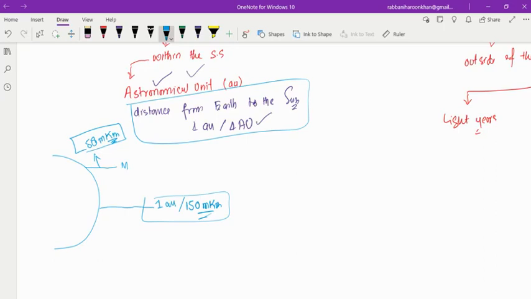So if we talk about this distance of Mercury, you have to divide this number 58 by the distance of Earth to the Sun in kilometers, so you have 150. Then do the required operation. It's just a simple division, and you will get the distance in astronomical unit for Mercury, between Mercury and Sun.